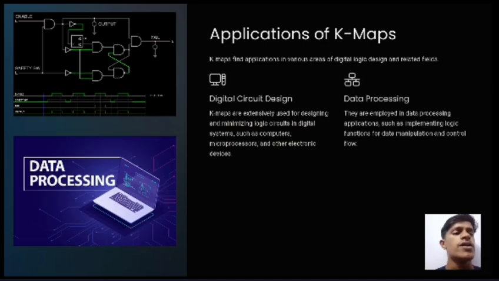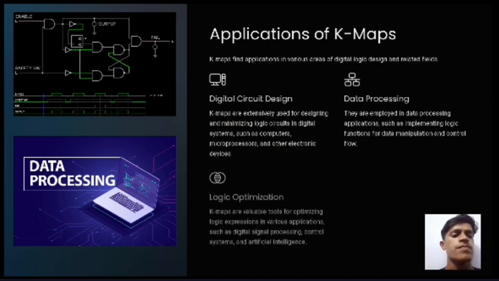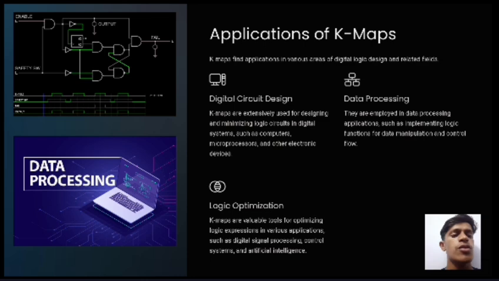They are employed in data processing applications such as implementing logic functions for data manipulation and control flow. Third, logic optimization. K-maps are valuable tools for optimizing logic expressions in various applications such as digital signal processing, control systems, and artificial intelligence.